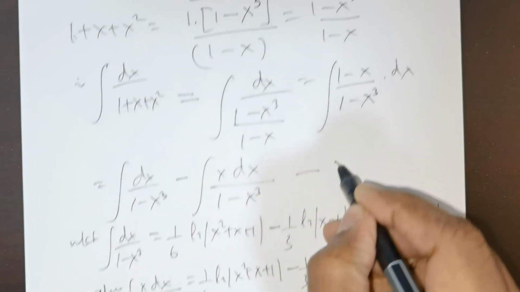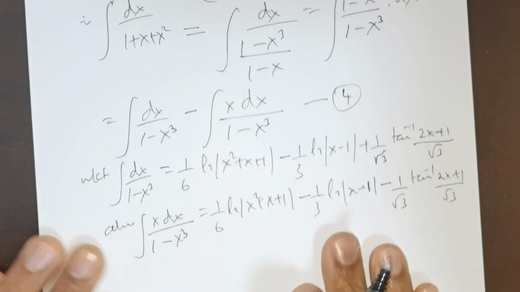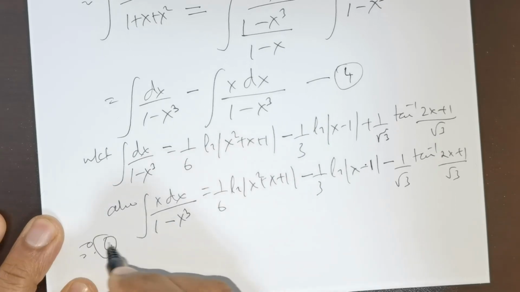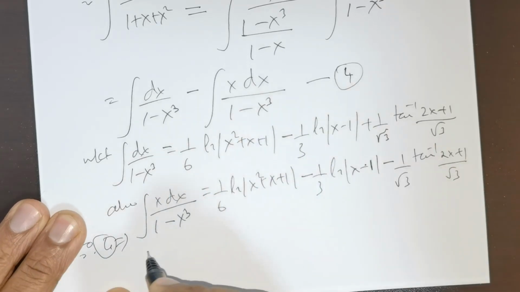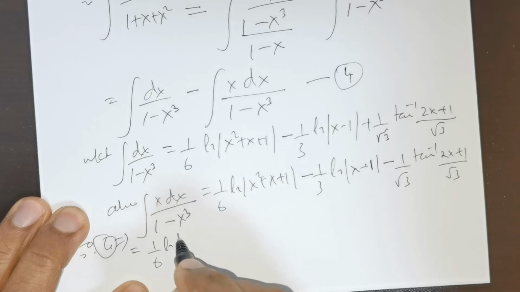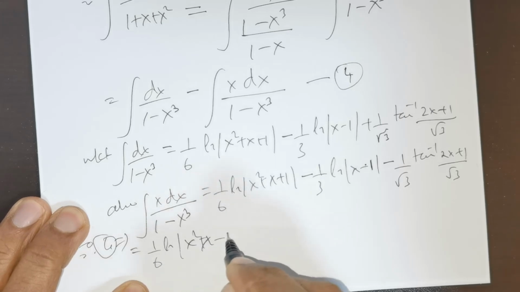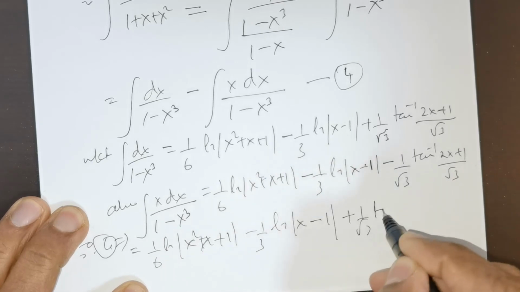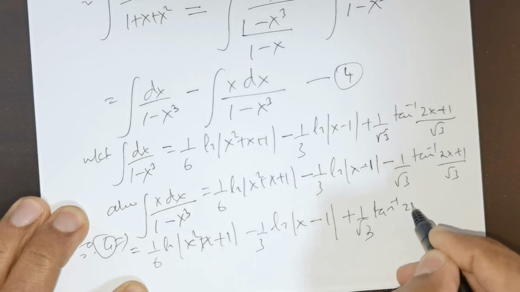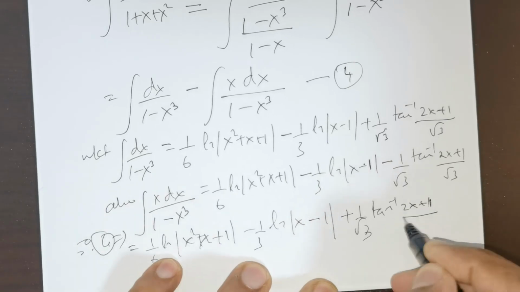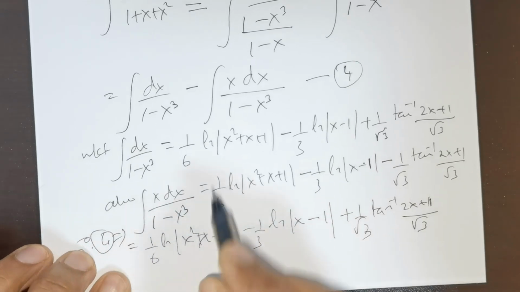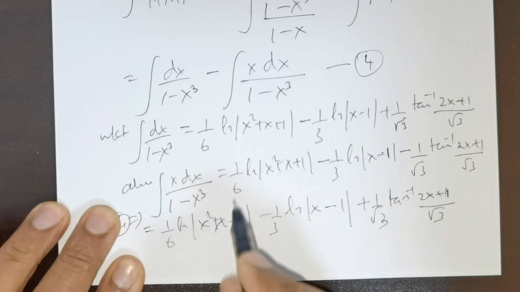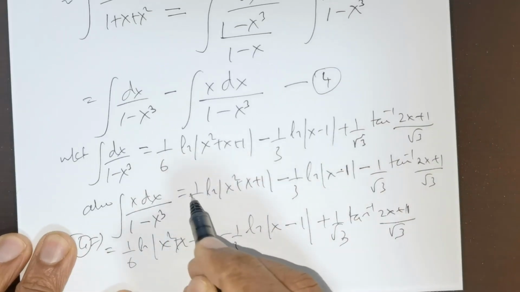So if I were to take this as sum 4, I can rewrite it here. In the first term, it's going to be 1 over 6 ln modulus x squared + x + 1, minus 1 over 3 ln modulus x − 1, plus 1 over root 3 tan inverse of (2x + 1) divided by root 3. You have a negative sign going here, so every quantity has to be pre-multiplied with negative.